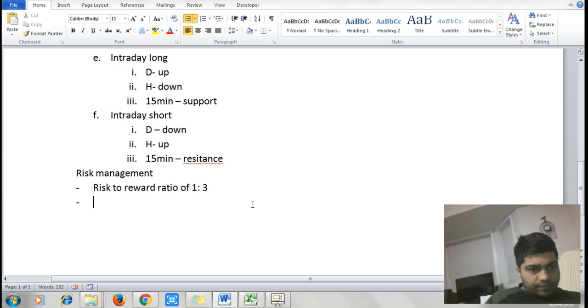It means that if you are losing $1, you would try to gain $3. So based on this, we try to put in our stop loss as well as our exit, right? And for doing that, we use average true range called as ATR, average true range.